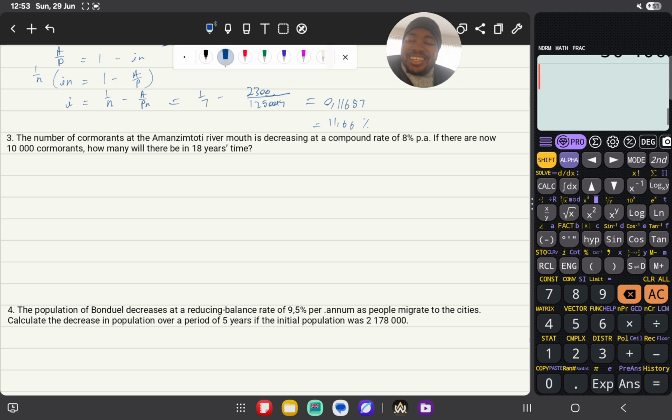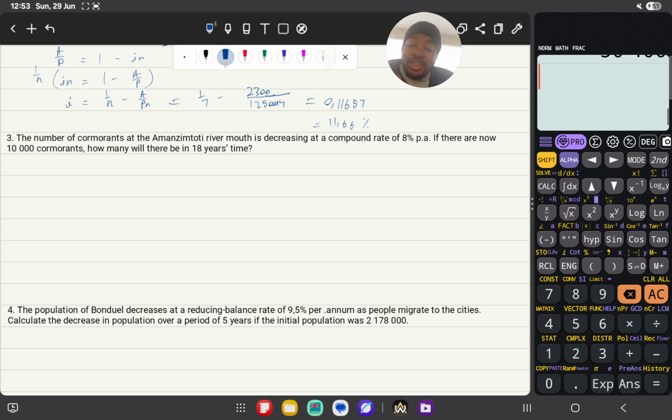Where did I take this? I don't know if that's Zulu or Xhosa, but okay. Focus.